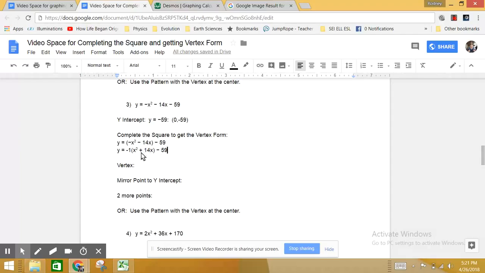What I need to do is come up with another term that I could plug in here to x squared plus 14x to make that a perfect square. And the way I'm going to do that, since there's no coefficient here, is divide 14x by 2x.